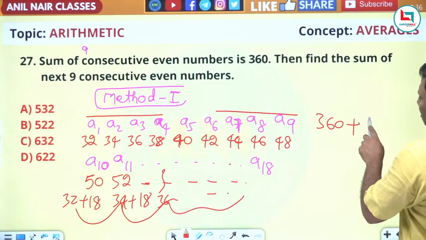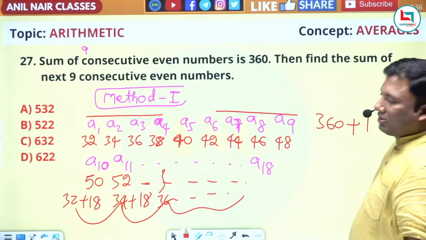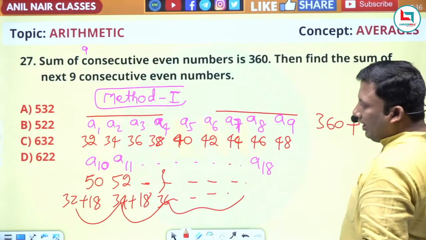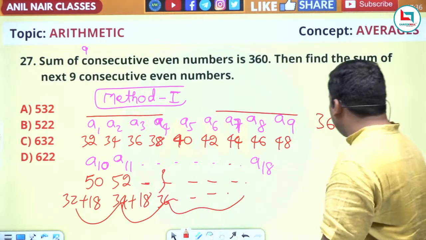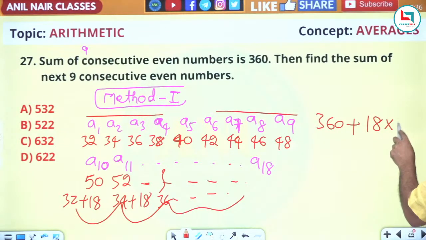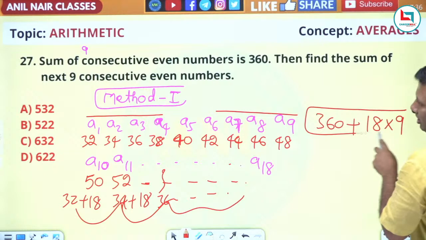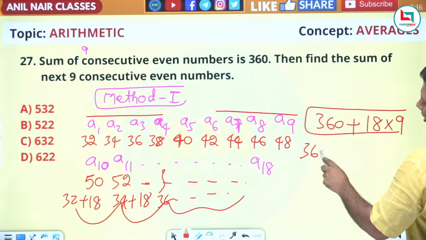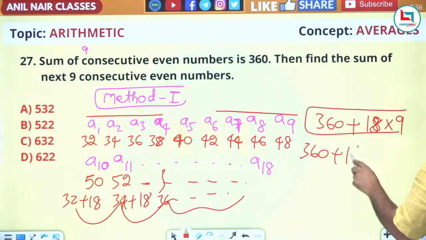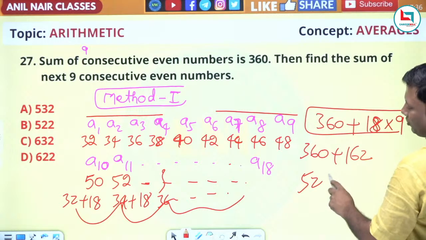It is 18. 18, 18, 18. So it is 18 into 9. 360 plus 18 into 9. 360 plus 162, which is 522.